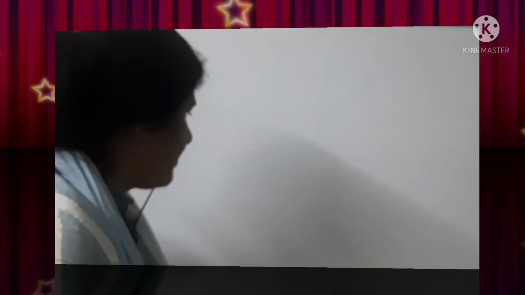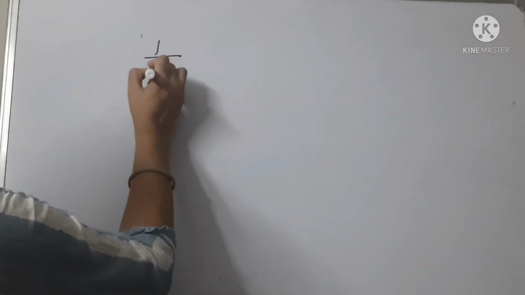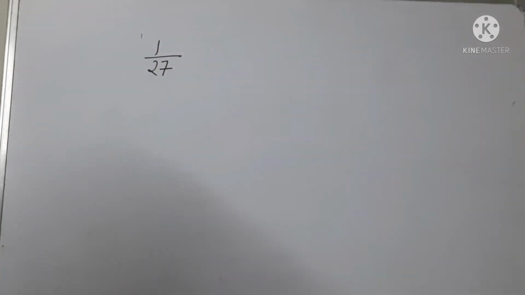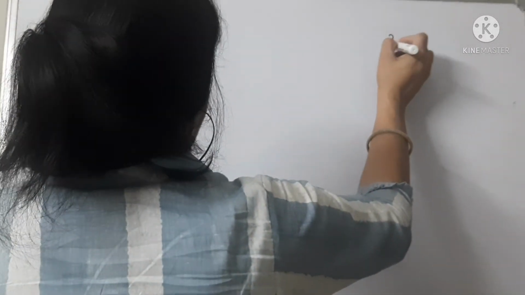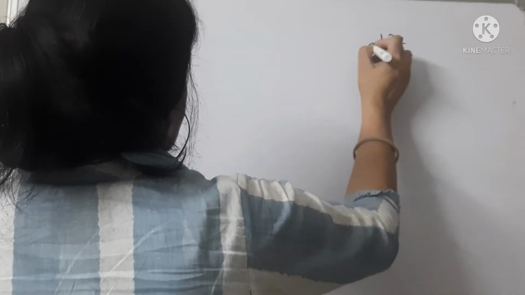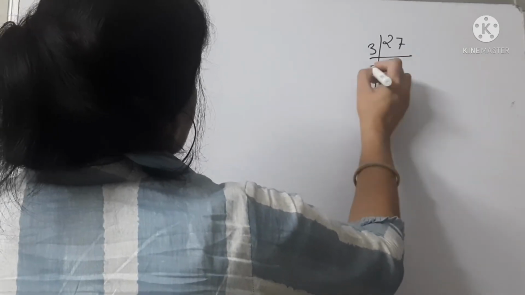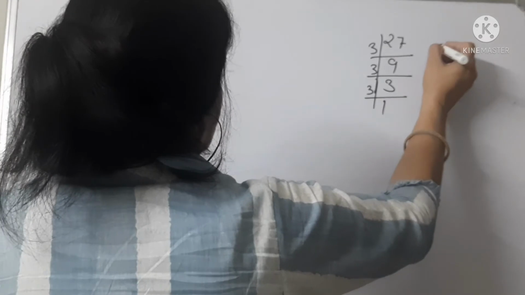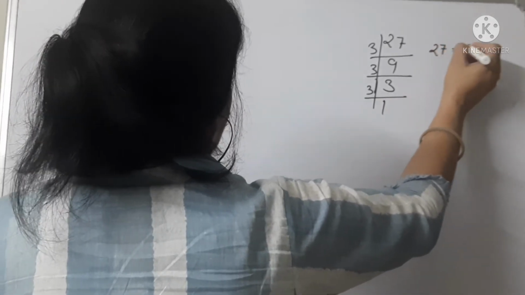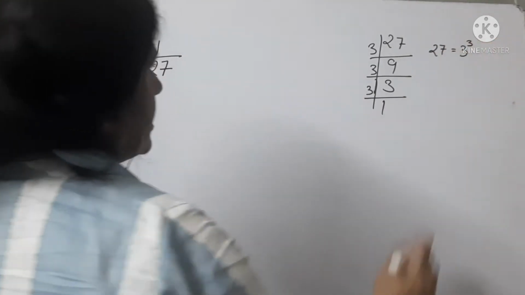Take one more example. The rational number given is 1 upon 27. First of all we find the prime factors of 27, that is 3 9s are 27, 3 3s are 9, 3 1s are 3. So 27 equals 3 raised to the power 3.